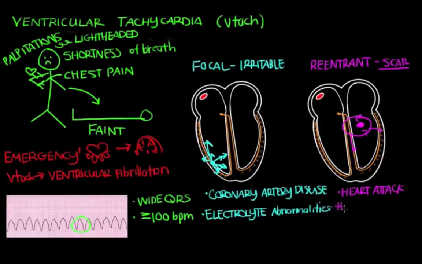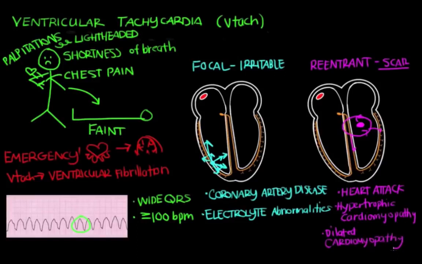Other conditions that are associated with scar tissue formation are hypertrophic cardiomyopathy, which is a disease that makes the heart muscles too big, and dilated cardiomyopathy, which is a disease that makes the heart walls blow out like a balloon. So just like with heart attack, these diseases also promote scar tissue formation, which are going to promote those reentrant circuits.